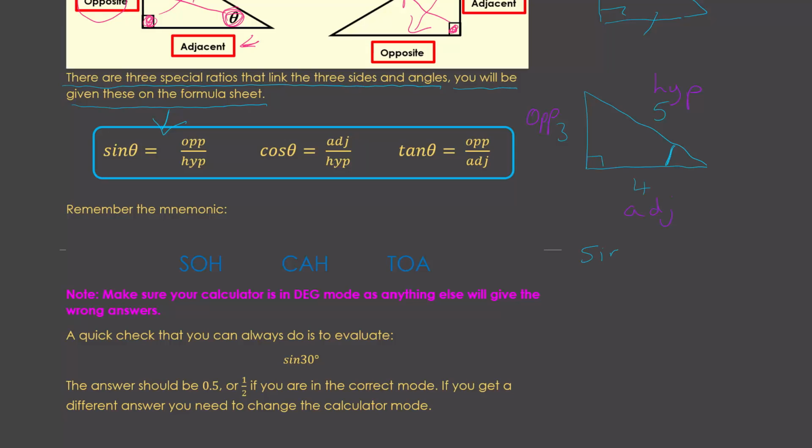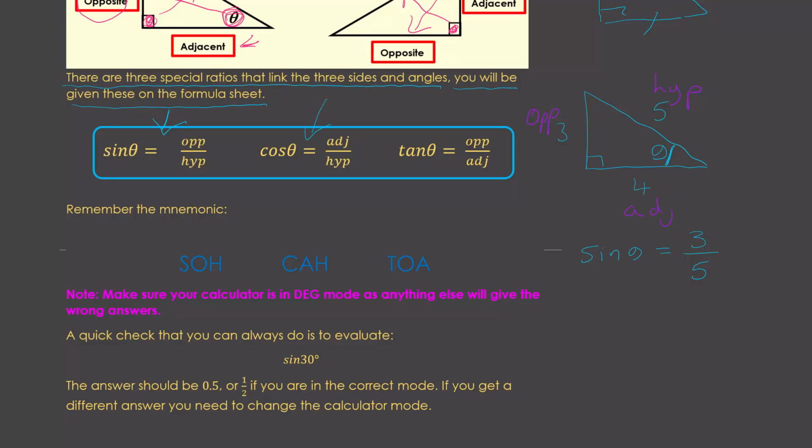So, the sine of theta here, this angle being the theta, is the length of the opposite, which we can see is 3, divided by the length of the hypotenuse, which we can see is 5.